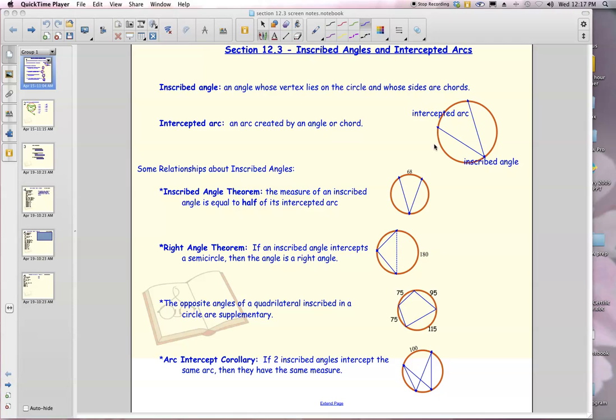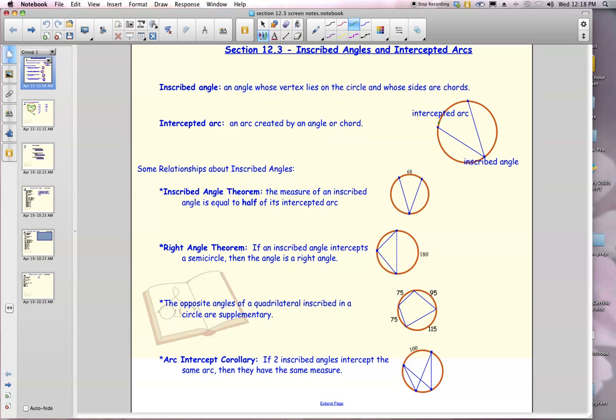An inscribed angle sits with its vertex on the circle, and then its sides form chords, which means that the chords hit the circle somewhere else. So an inscribed angle looks a lot like a V inside of a circle. The intercepted arc would be the part of the arc that is on the inside of the inscribed angle.